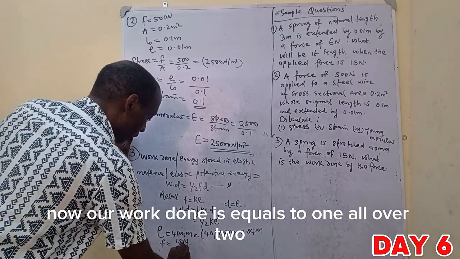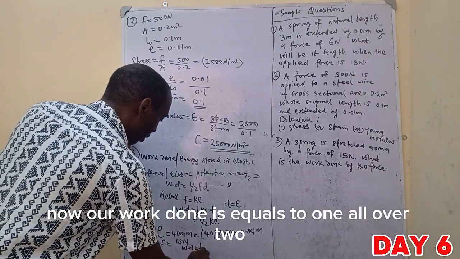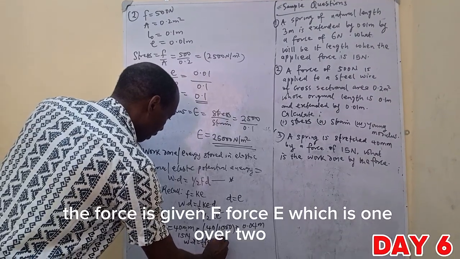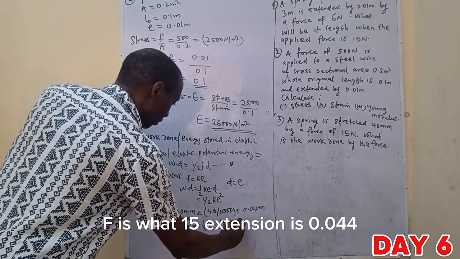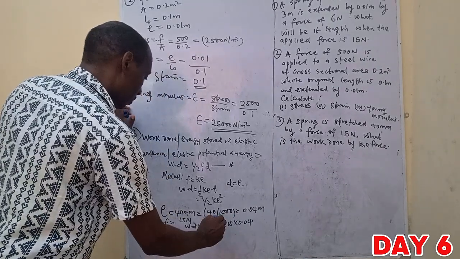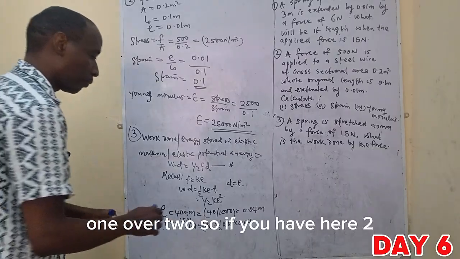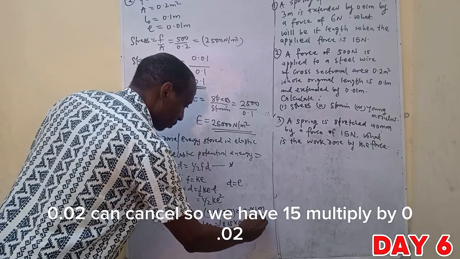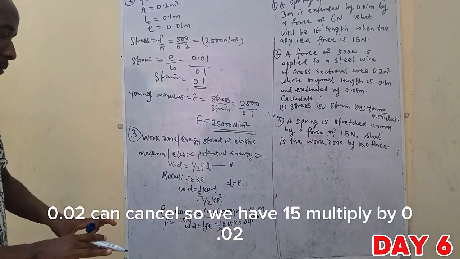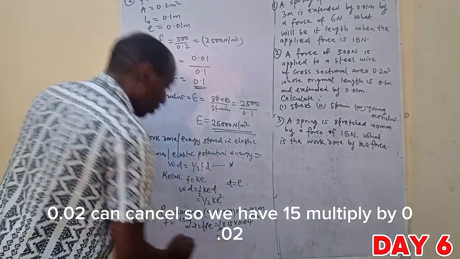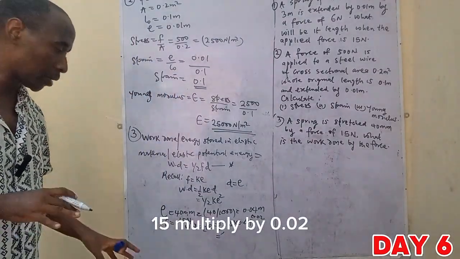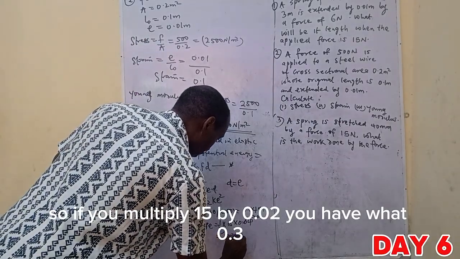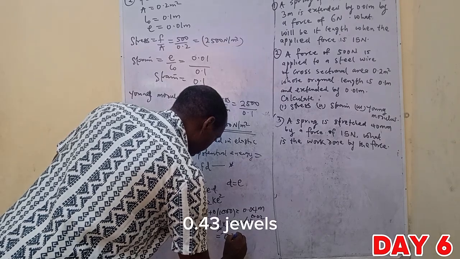So our work done is equal to 1 over 2 times F times e, which is 1 over 2 times 15 times 0.04. Half of 0.04 is 0.02, so we have 15 multiplied by 0.02, which gives us 0.3 joules.